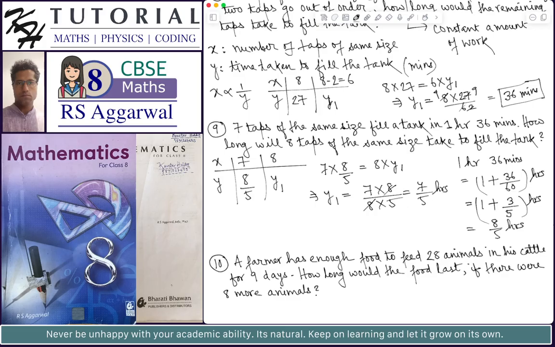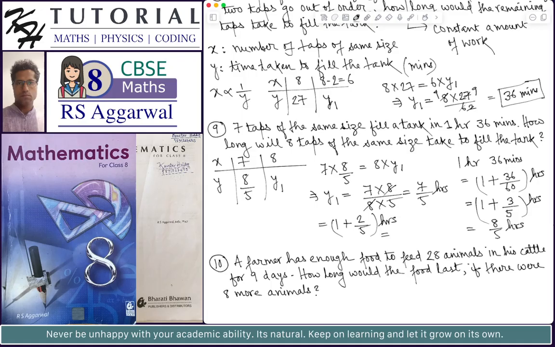Now, since in the problem the time was given in hours and minutes, it is recommended that you also find the answer in hours and minutes. So we have y1 equal to 7 by 5 hours. Now 7 by 5 hours is 1 plus 2 by 5 hours.